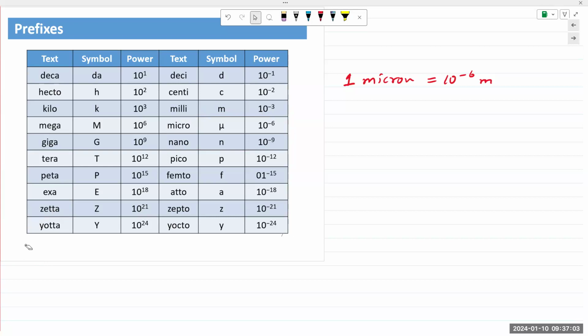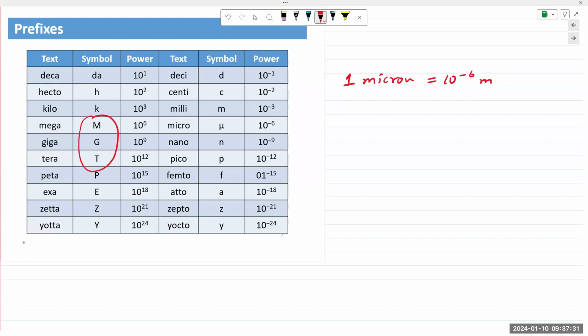On the other end of the scale, we have mega, giga, and tera. You'll be familiar with those when we talk about storage, RAM memory, hard drive storage, frequencies. We work in the megahertz, in the gigahertz range. The most common example that everyone uses is 2.4 gigahertz.